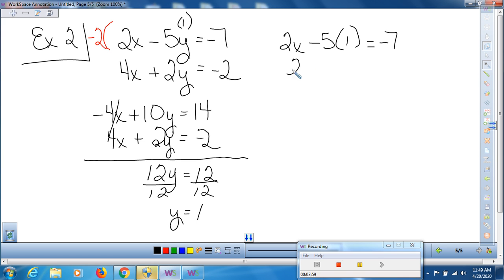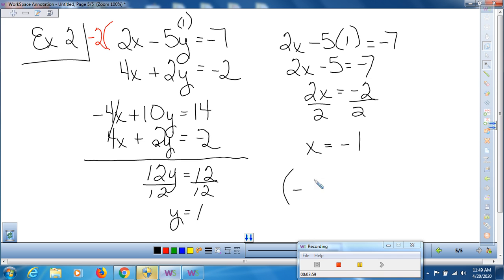All right, so that's 2x minus 5 equals negative 7. Adding 5 to the other side, we get 2x equals negative 2. Dividing both sides by 2, x equals negative 1. And again, the last step is always writing it as a solution set. Negative 1, 1 in alphabetical order.